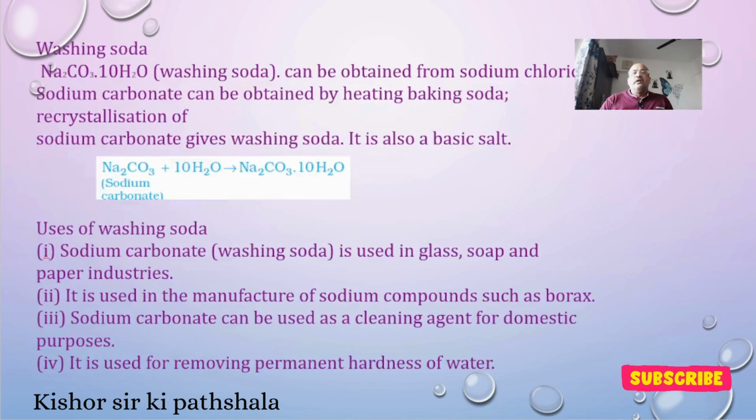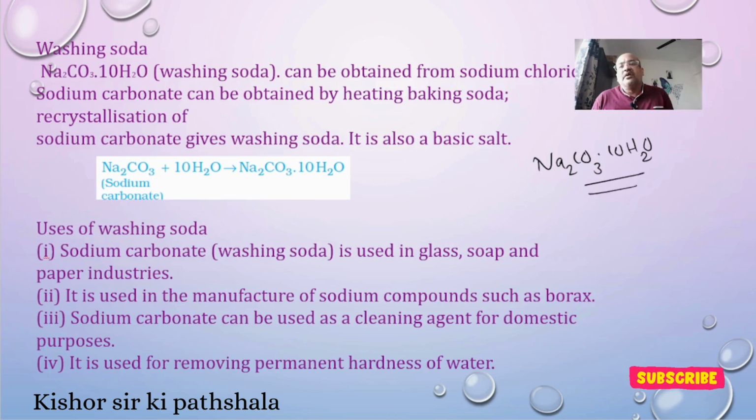Now let's see what we understand by washing soda. Washing soda is nothing but hydrated sodium carbonate, which can be obtained from sodium chloride. Sodium carbonate can be obtained by heating what?